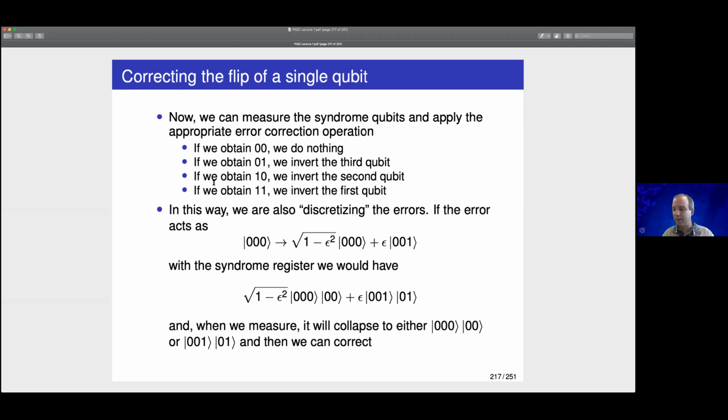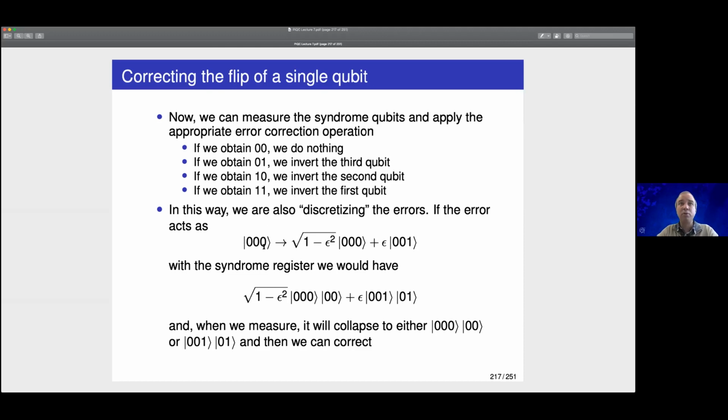Well, it turns out that this is also corrected by this code because somehow when we measure the ancillary qubits in order to obtain what we call the syndrome, these 2 bits that reflect what is the error that has occurred, when we measure those ancillary qubits, we are somehow discretizing the error.